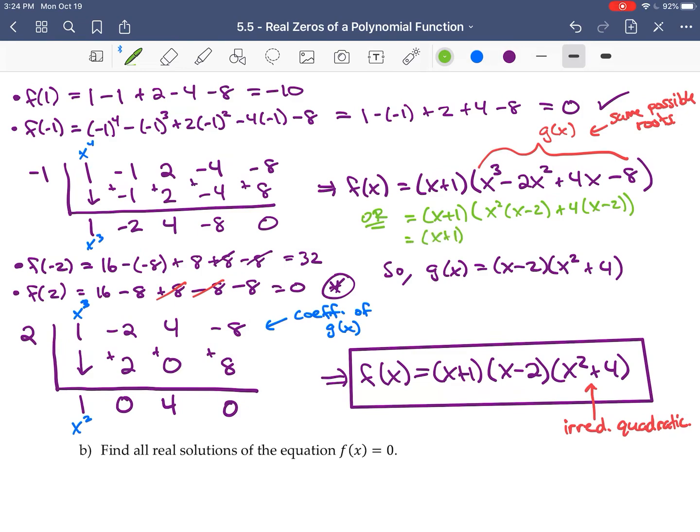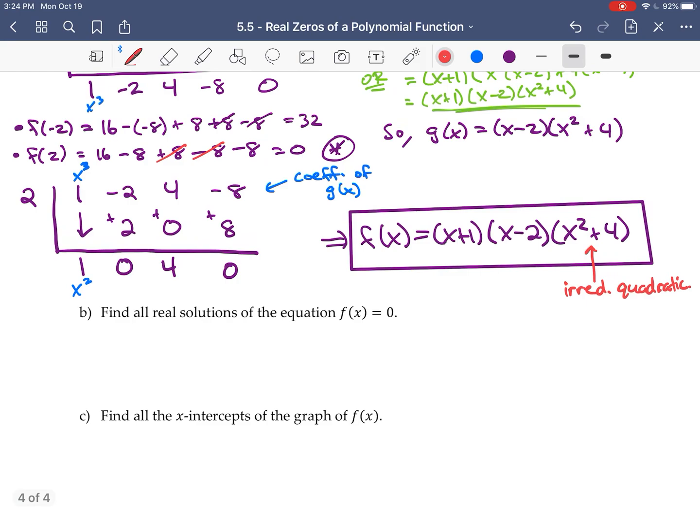So then I could have right away factored as x minus 2 times x squared plus 4. Okay, so sometimes there's little tricks. If you get down, you can maybe use factor by grouping to factor your non-quadratic ones. So it's possible, but the method will still work, assuming that there are more rational zeros.